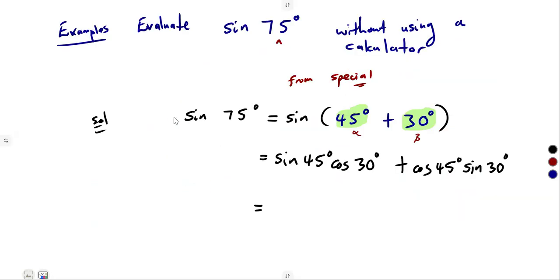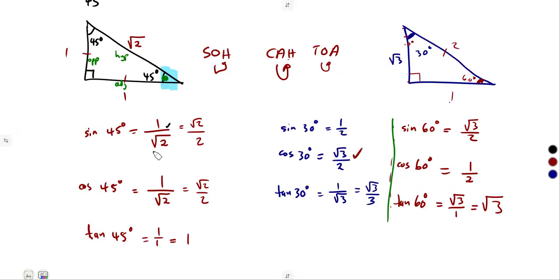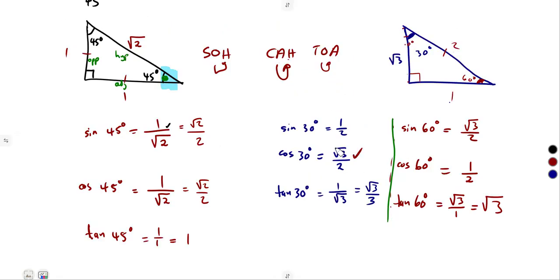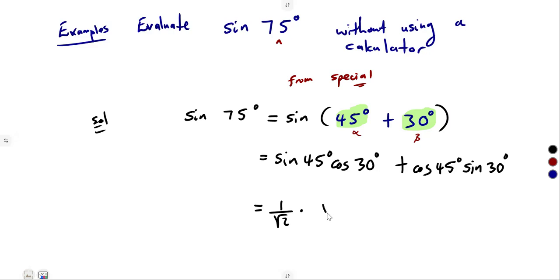Let's see the layout here. Since it's a product, let me just take it before it's simplified. We'll see later on if it's going to be simplified or not. So this is 1 over square root of 2 times the cos of 30 degrees, from our triangle, this is square root of 3 over 2, plus the cos of 45 degrees.